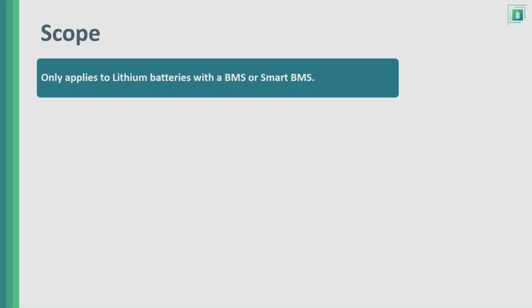The BMS, just the BMS without the smart word, will communicate information, but as I said, it will only happen between batteries, not with the inverter. The smart BMS version does what the BMS does, plus it is able to communicate with the inverters.